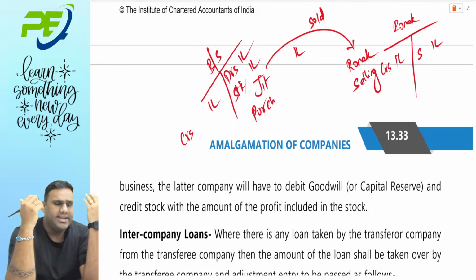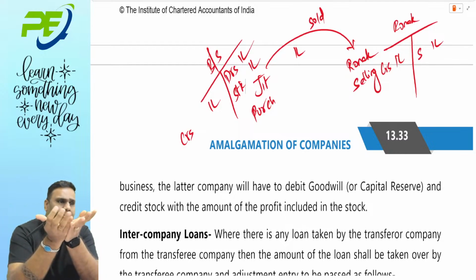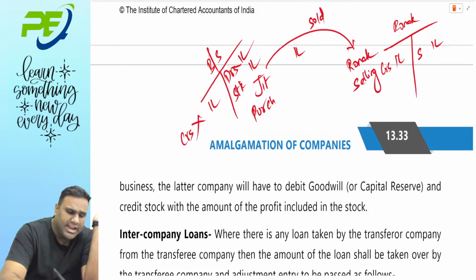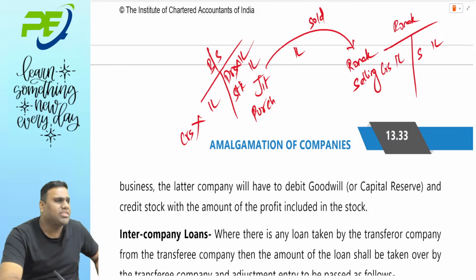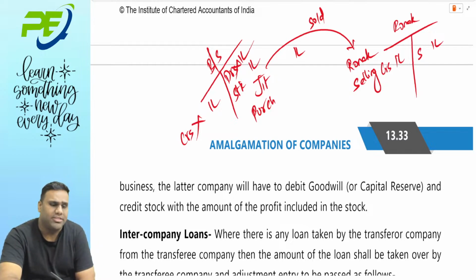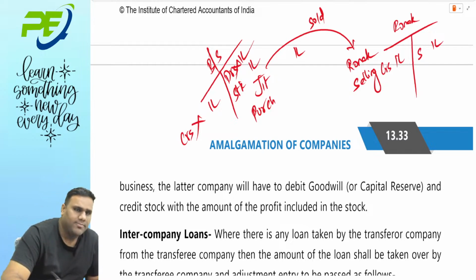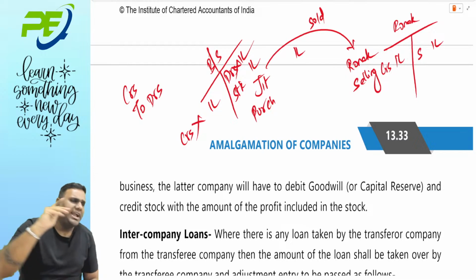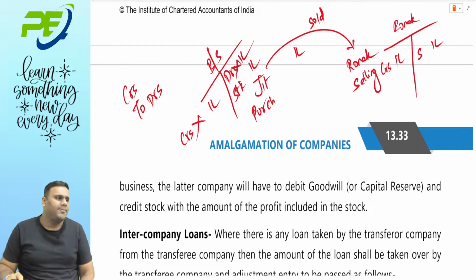So there is no separate Jitender Limited, there is no separate Ronak Limited. Both the entities have become one. So these debtors and creditors should be cancelled. This is called intercompany owings. What will be the journal entry? Creditors to debtors. Both creditors and debtors get knocked off.